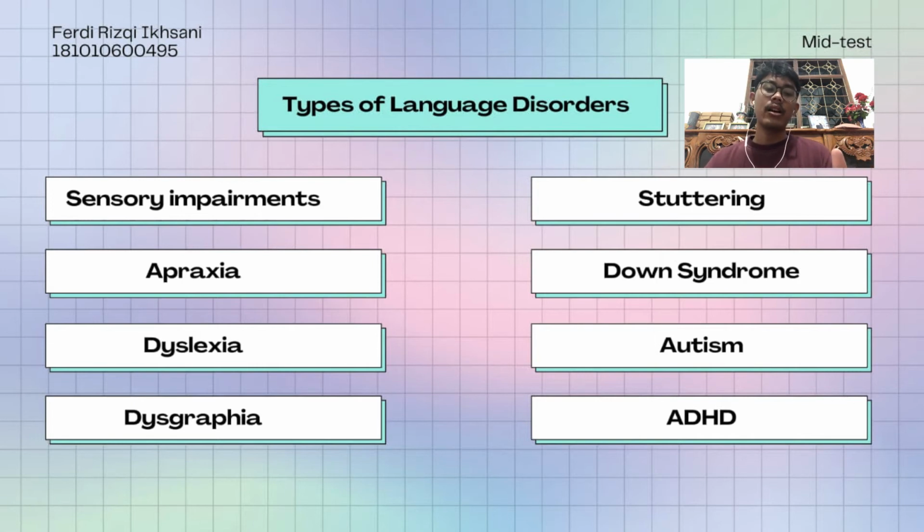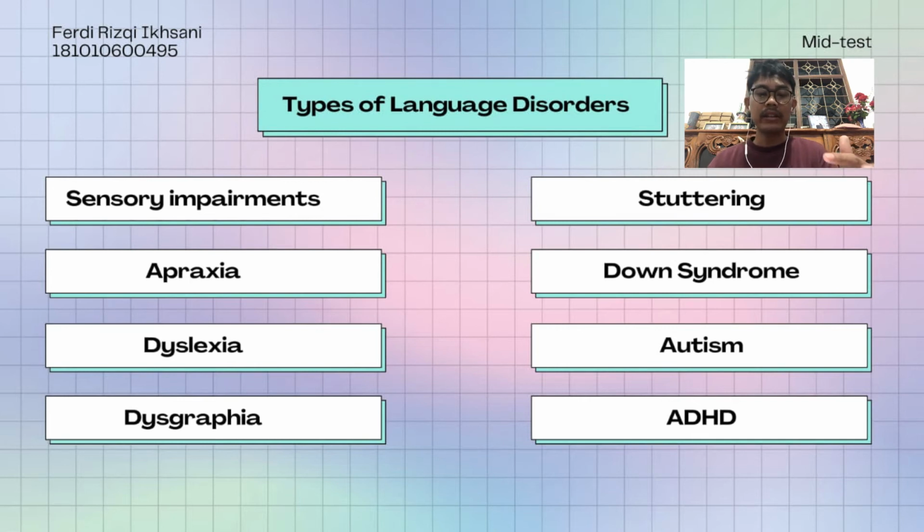So I will explain the first. The first one is sensory impairments. What are sensory impairments? It is when one of your senses, like sight, hearing, smell, touch, taste, and spatial awareness, is no longer normal.